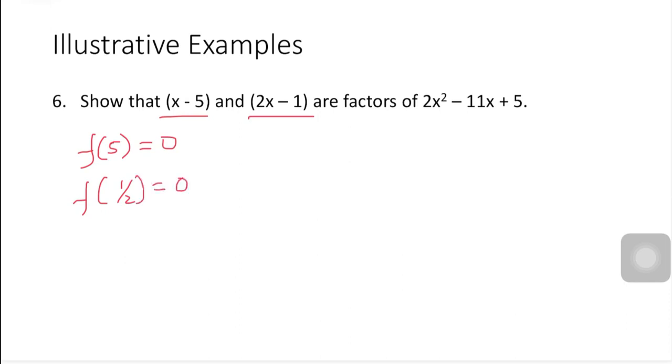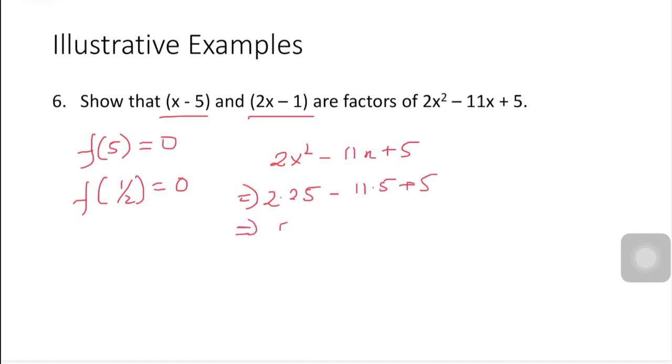If this happens, we can conclude that these two are factors of 2x square minus 11x plus 5. So let's check: 2x square minus 11x plus 5. Let's plug in 5. So 2 times x square is 25, minus 11 times 5, plus 5.